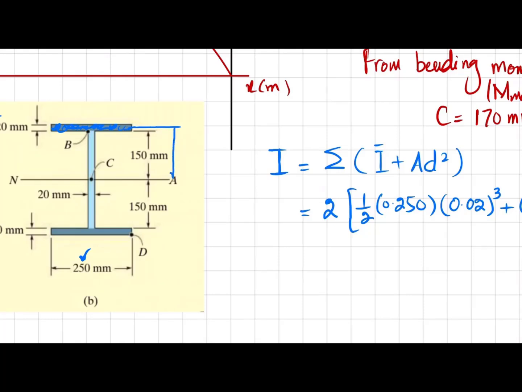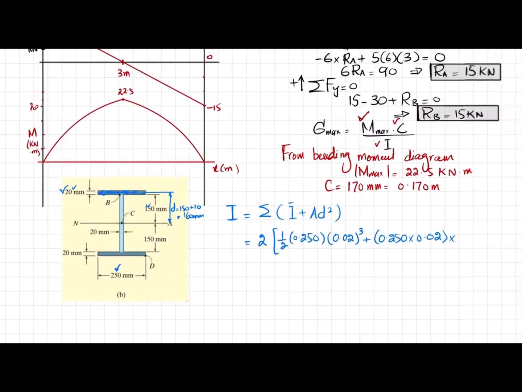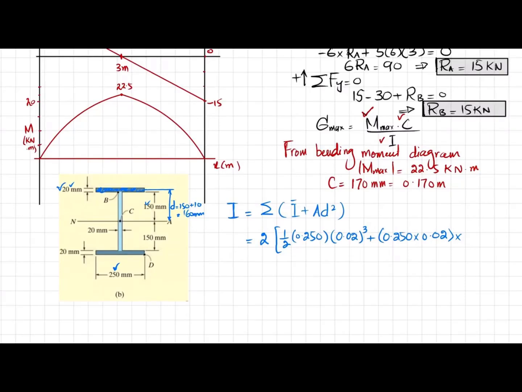So this is your d. Clear? And this d is equal to 150 plus half of 20, which is 10, and that will be equal to 160 millimeter. So d will be 160 millimeter. So 160 millimeter is actually 0.160 meter, and it will be squared.